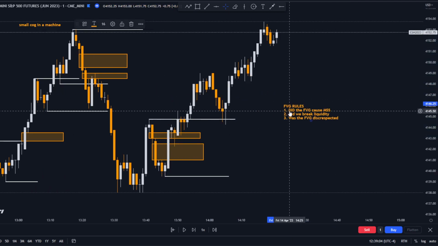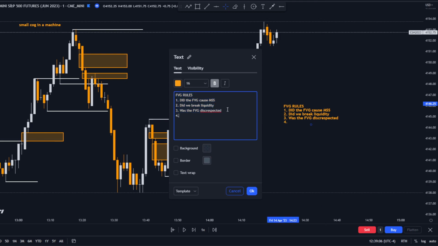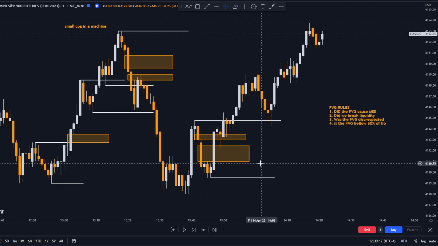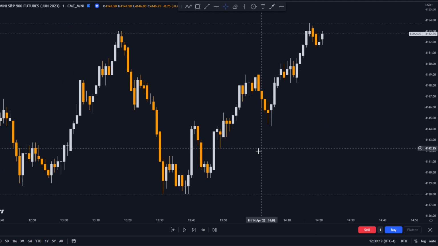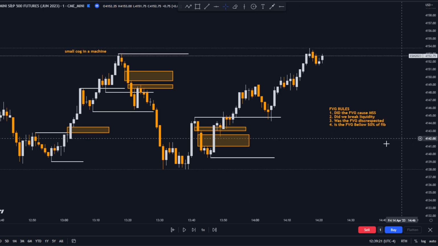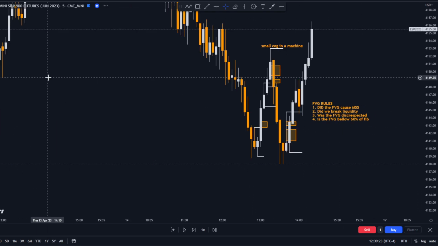Now, another rule, rule number 4, is the fair value gap below 50% of the FIB. For this, I like to go to the higher time frames, like the 5-minute one.